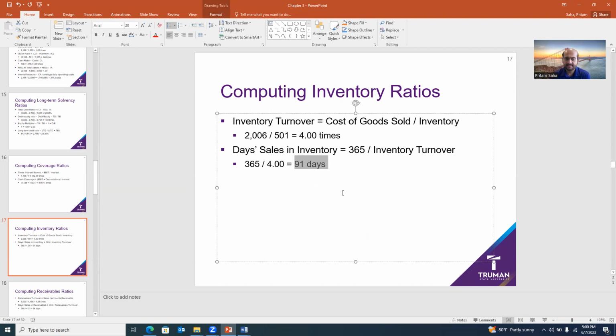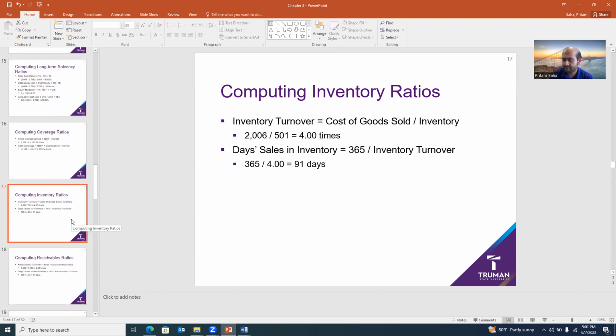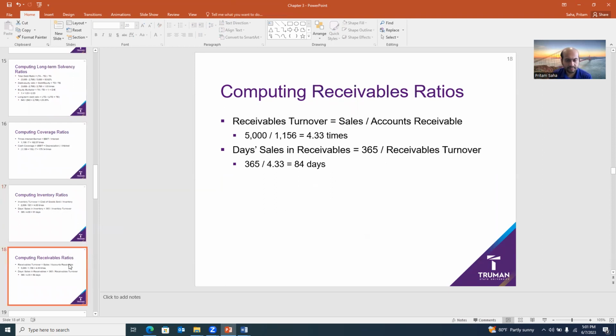So basically, lower this value, better efficiency. Higher this value, better efficiency. Make sense? Don't care about the formulas, understand explanations, and understand how to plug in. Receivable turnovers. How long you need if you make a sales in credit?